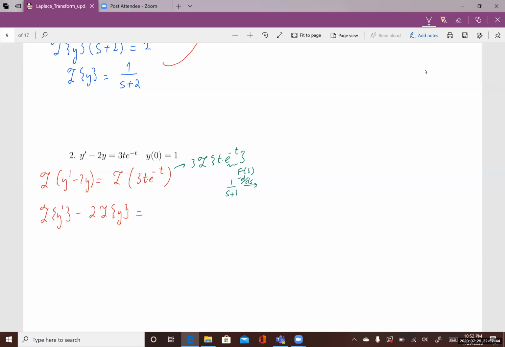So that would be 1 over s plus 1 squared. Usually it should be negative 1, so 1 over s plus 1 squared is the Laplace transform of this function, and multiply by 3. So you have 3 over s plus 1 squared.